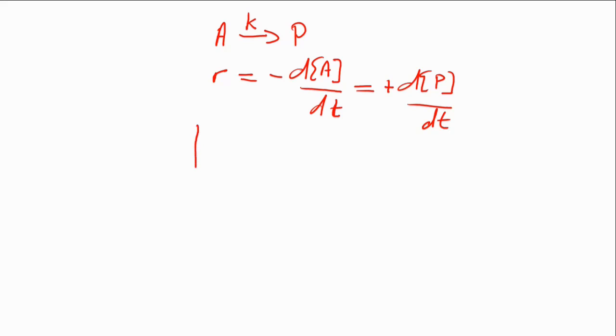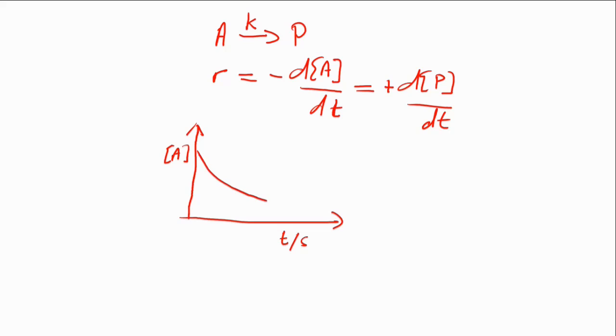Now, if you have some concentration time values, then you could do a plot of concentration of A versus time in seconds. Now, if you're looking at the reactant, which is A, then this is what will happen over time.